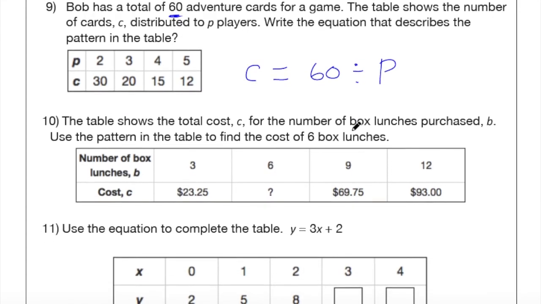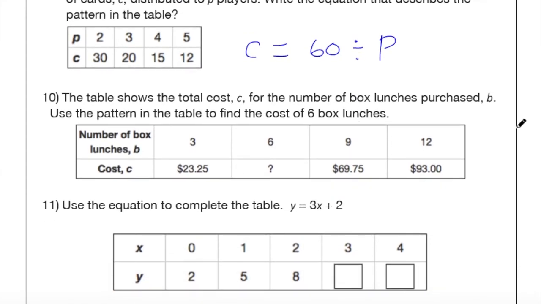Next question. The table shows the total cost C for the number of box lunches purchased B. Use the pattern in the table to find the cost of 6 box lunches. Here you have the number of boxes 3 and here 23.25. What happened?